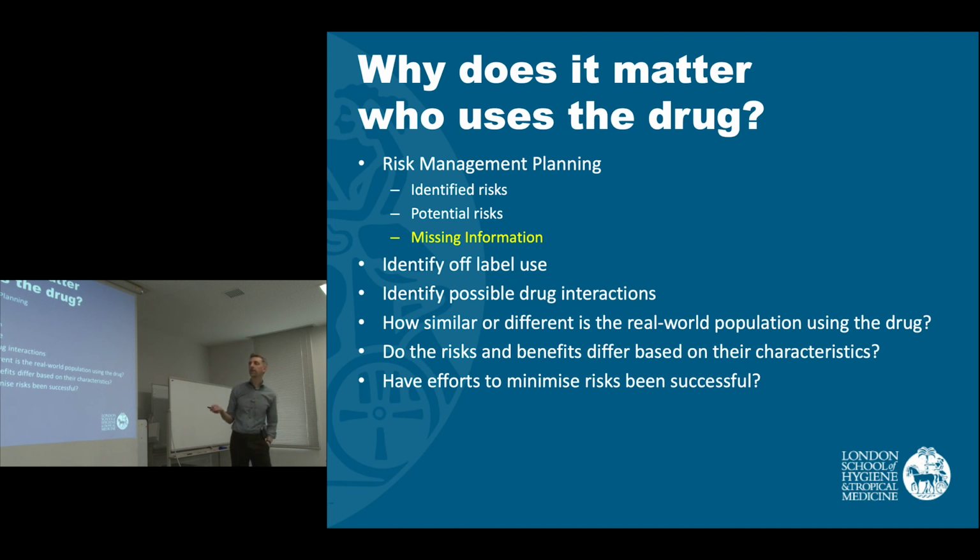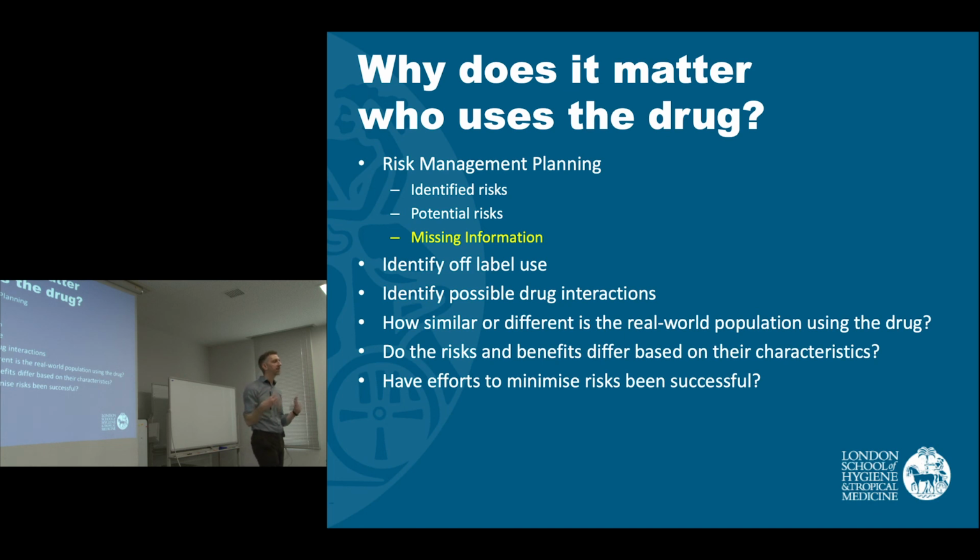It can help us to identify drug interactions, so we can quickly see what treatments people are taking our drug in combination with, and might this be a problem? We can compare how similar or different the real-world population is compared with the randomised trial population.